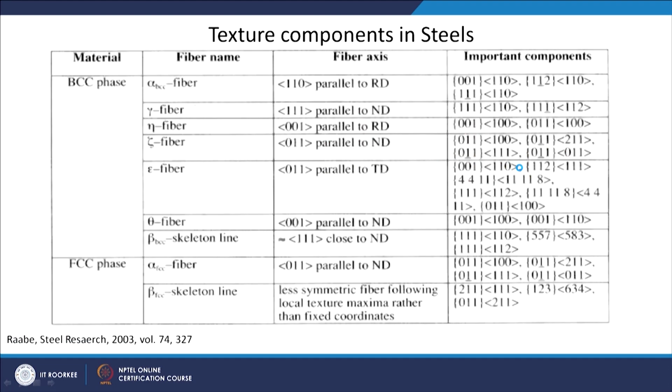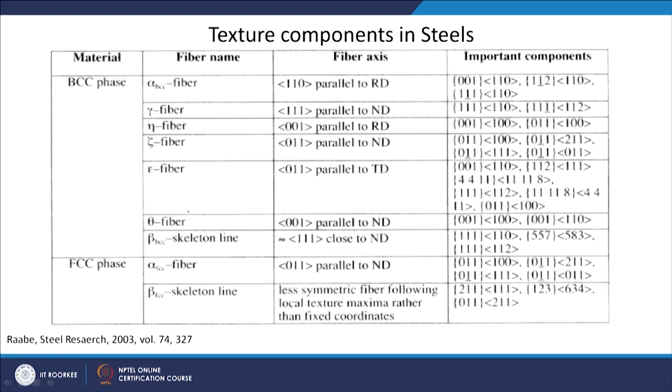In general, if you want to see a complete picture of what different types of texture components are there in materials, for example in this case it is steel, so BCC phase and FCC phase, for both it is shown here. So if you see the BCC phase, there are some fibers written here.